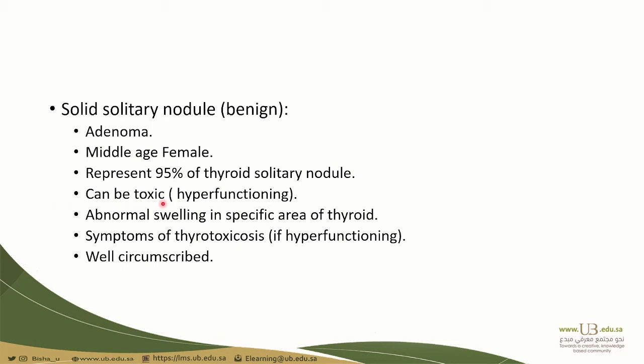It can be toxic, hyperfunctioning, and you will find in your examination an abnormal swelling in a specific area of the thyroid. The patient may be thyrotoxic if there is a functioning nodule. Usually adenoma is well circumscribed and it is not hard, just firm.